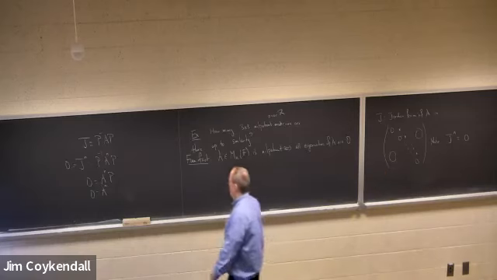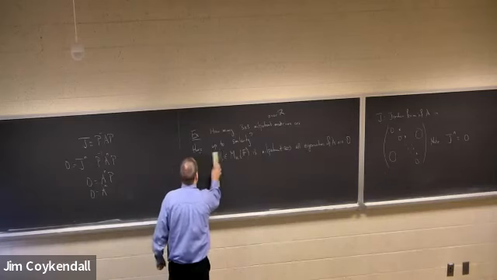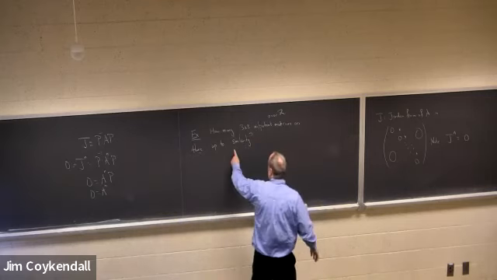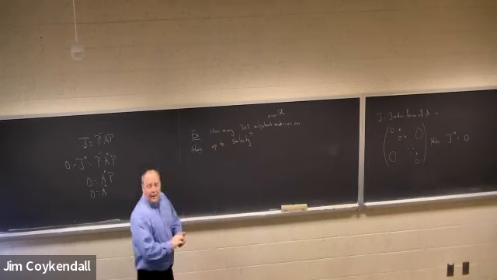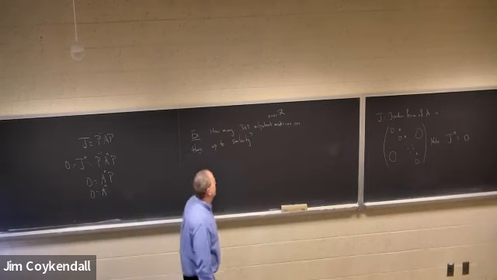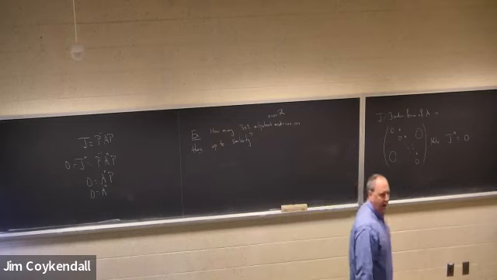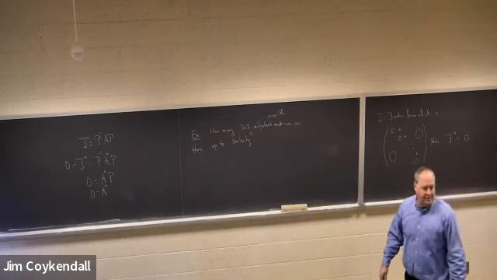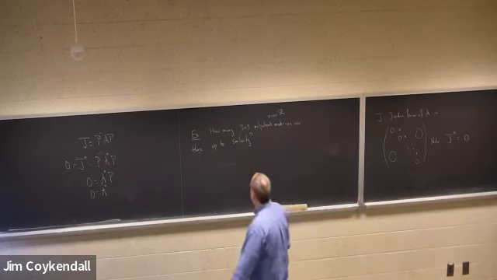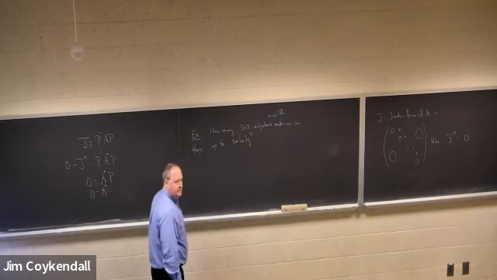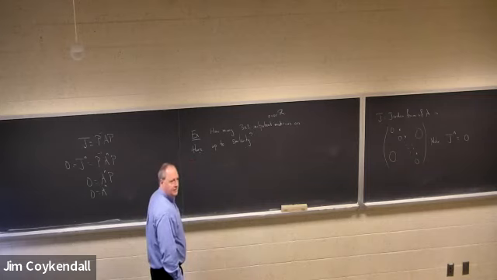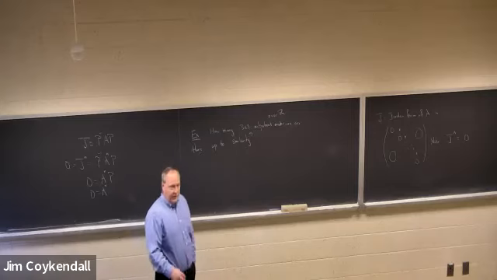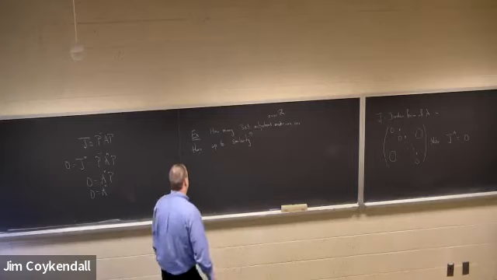So let's go back to the original question. The original question being, up to similarity, how many 3 by 3 nilpotent matrices are there? And actually, I'm going to get a bonus out of this as well. All you have to do up to similarity is write the Jordan forms. So ask yourself: how many Jordan forms do I get?